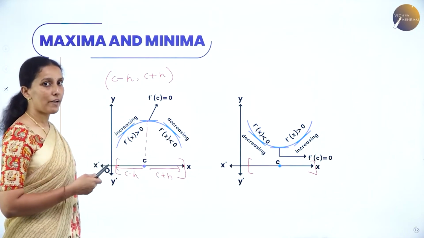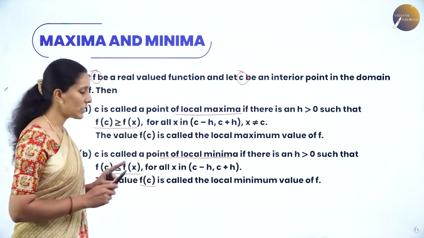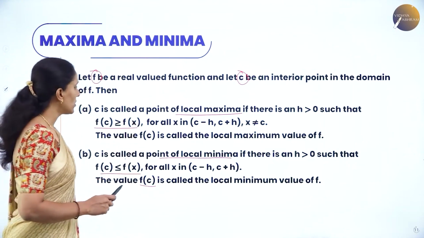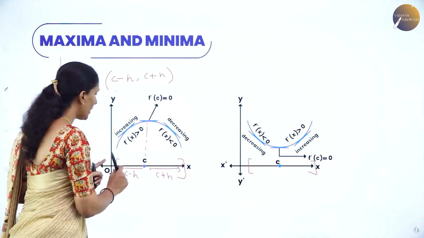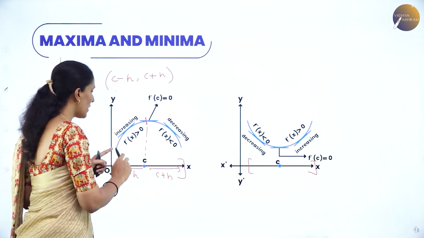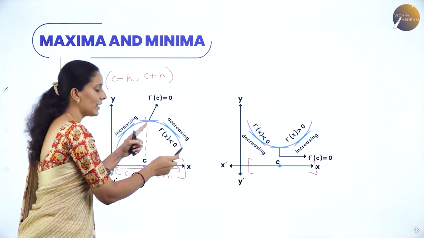So according to the previous definition, there exists h greater than 0 such that f of c is greater than f of x in the interval. So you can clearly say from the interval c minus h to c, the function is increasing and then it decreases.